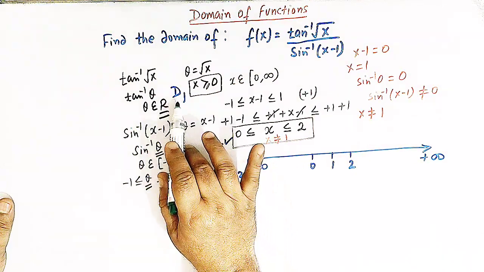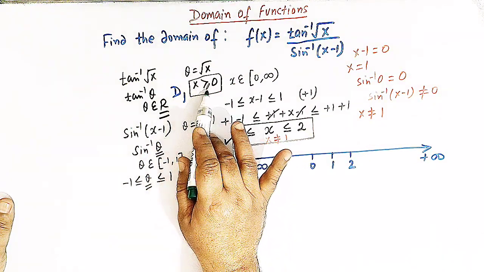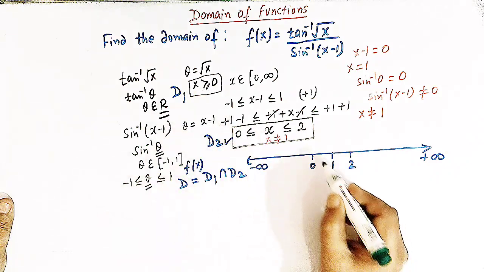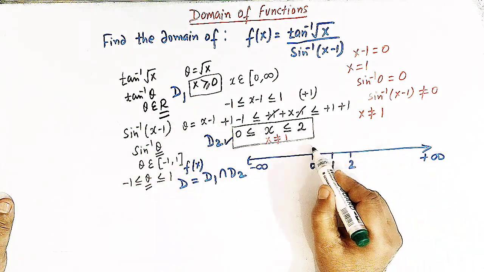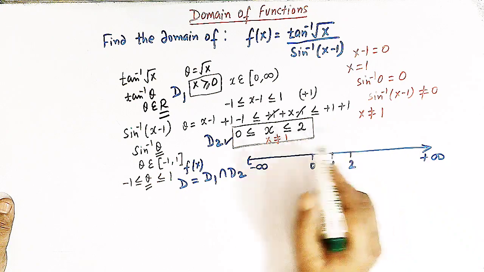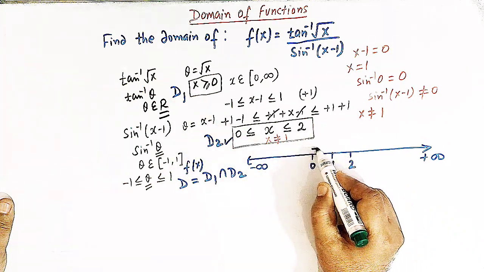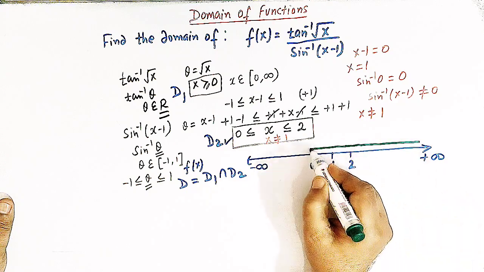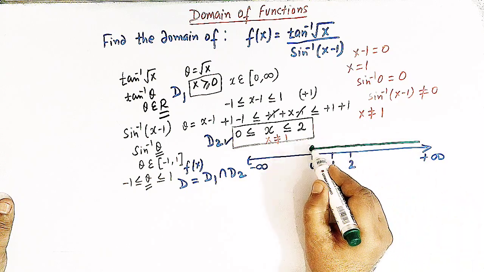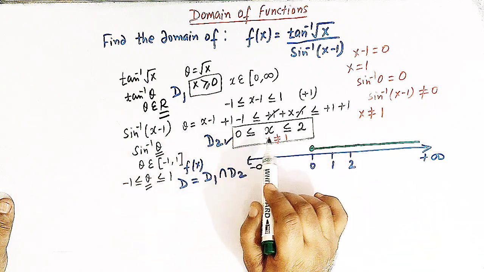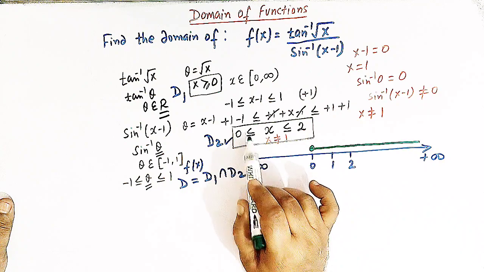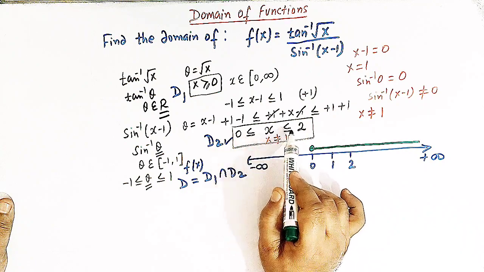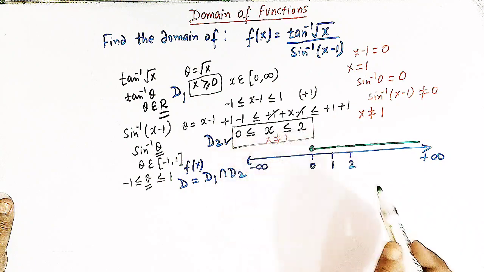So now the domain D1 is given by x greater than or equal to 0, right? So x greater than or equal to 0 is given by this region. Here this 0 is included, so we make it dark. Then we have x greater than or equal to 0 but less than or equal to 2, right?